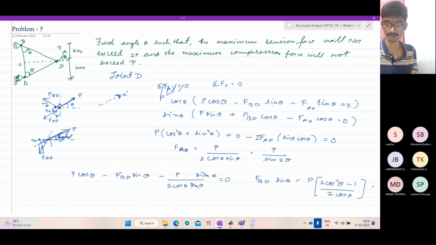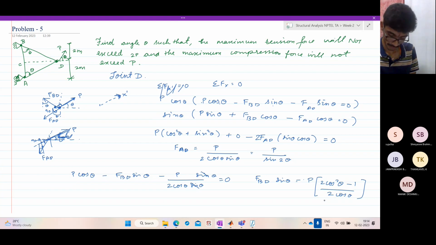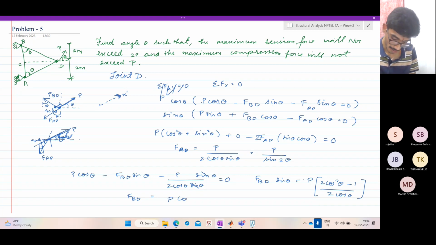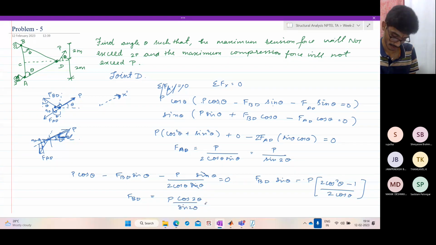So what is 2 cos square theta minus 1? It is cos 2 theta, right? So you get FBD as P cos 2 theta by 2 cos theta sin theta, which is sin 2 theta, which is P tan 2 theta.